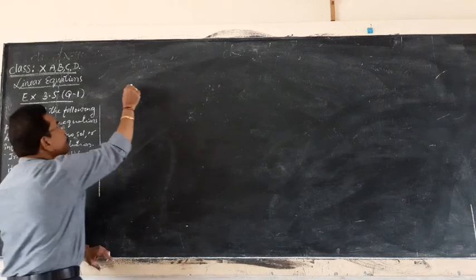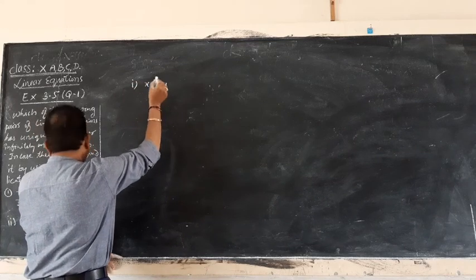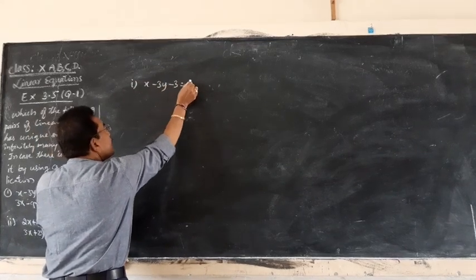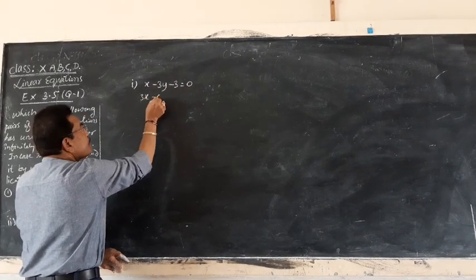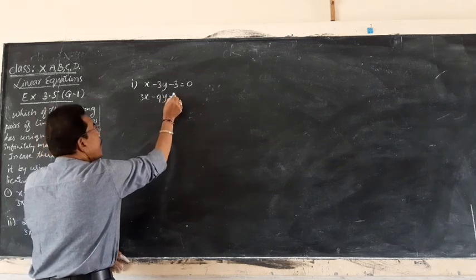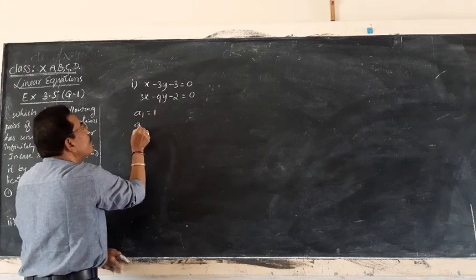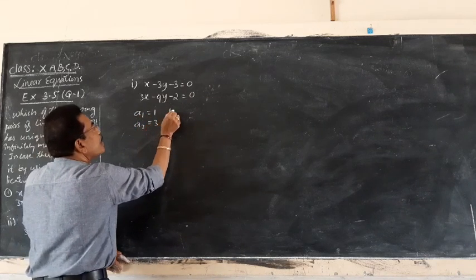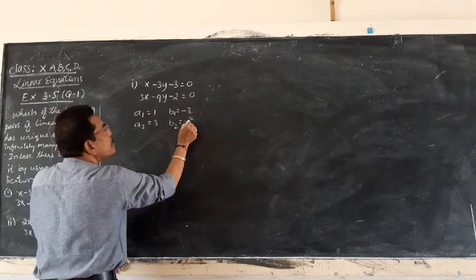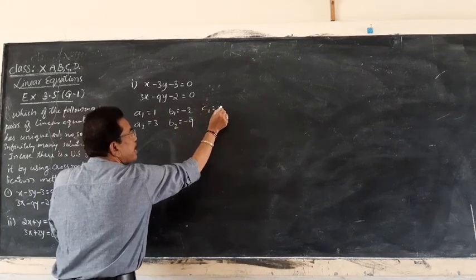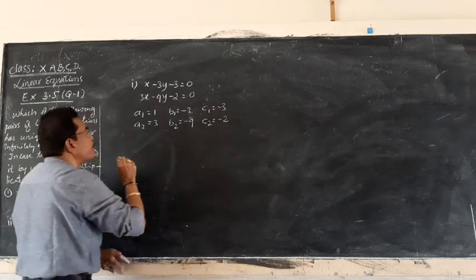First one: x minus 3y minus 3 equals 0, and 3x minus 9y minus 2 equals 0. a1 equals 1, a2 equals 3, b1 equals minus 3, b2 equals minus 9, c1 equals minus 3, c2 equals minus 2.